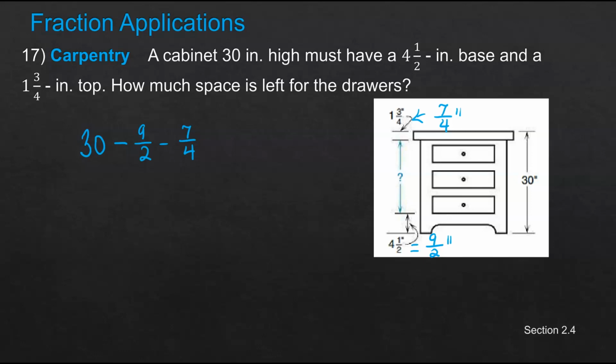And you know, on this one you could just use your calculator and subtract it that way. But if I write these all over 4, then I'm going to have 120 over 4 because I'm multiplying times 4. I'm going to multiply this one by 2. So that's going to be 18/4 minus 7/4.